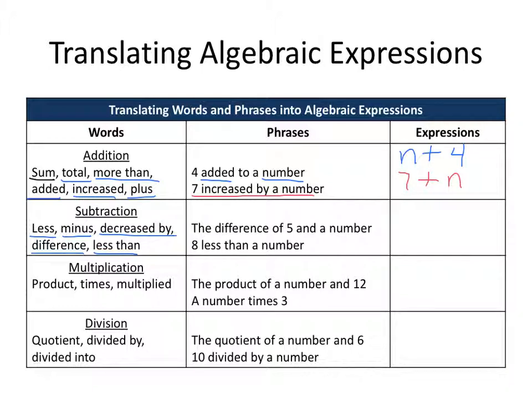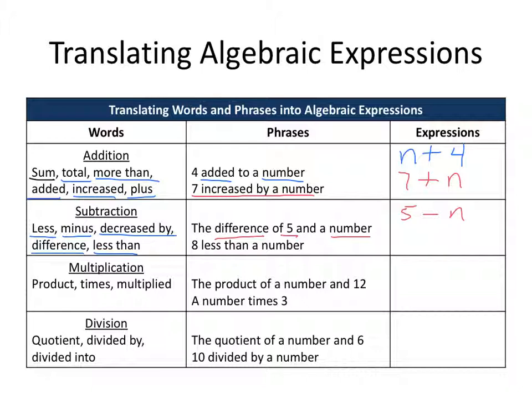So in the examples here, we see the difference of 5 and a number. You have two parts to this, 5 and then your number n, and we're looking for the difference between 5 and the number. So 5 minus n is the expression for that phrase.